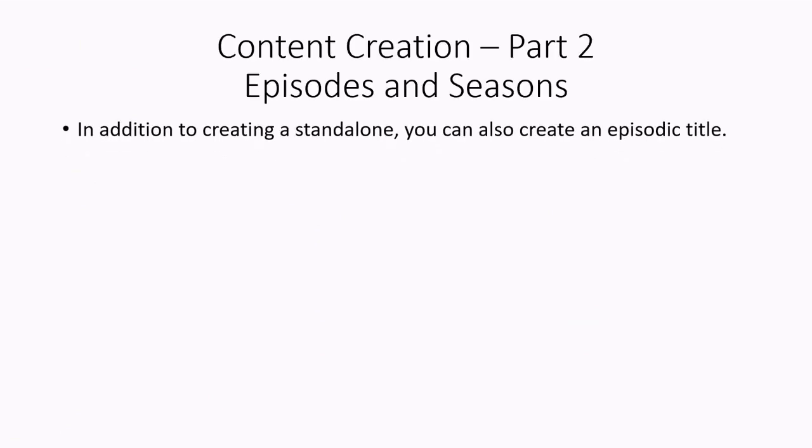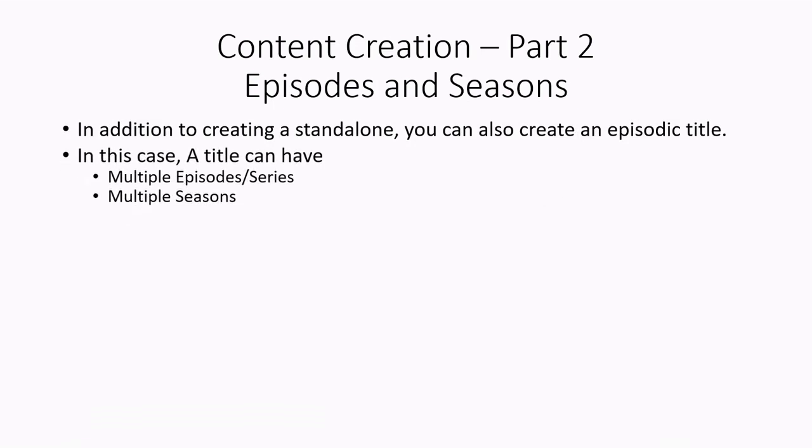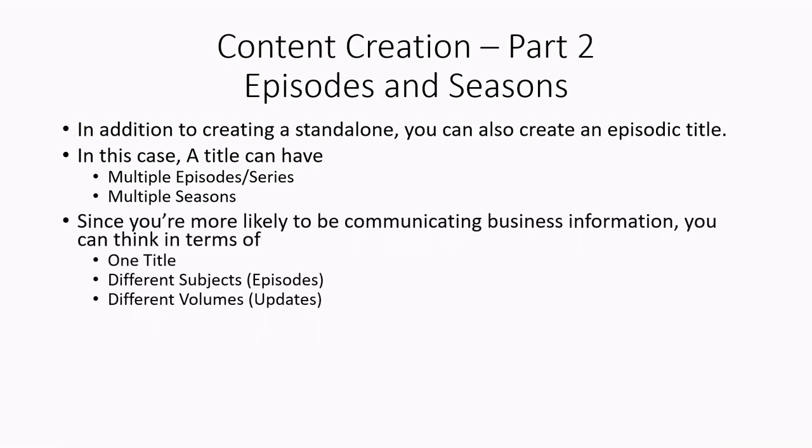So in addition to creating a standalone title, you can also create what's called an episodic title. And in this case, a title can have multiple episodes, which is also a series, or multiple seasons, as you can see. And since you're more likely to be communicating business information, you can think in terms of having one title with different subjects or episodes and different volumes or updates, even though they will be called series and episodes.